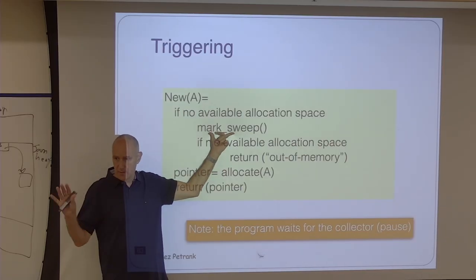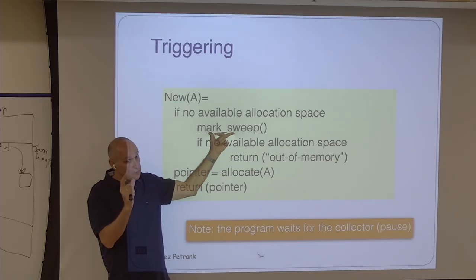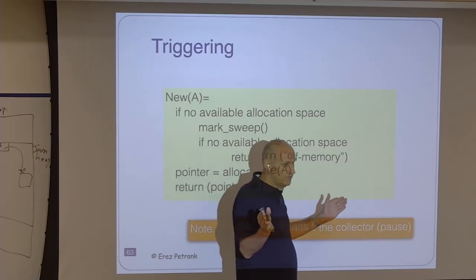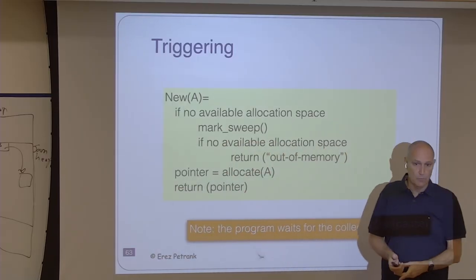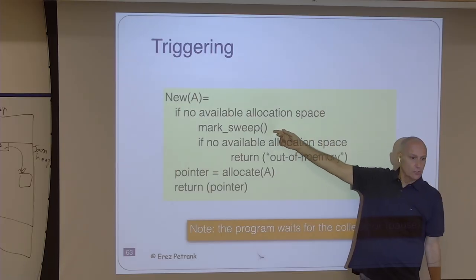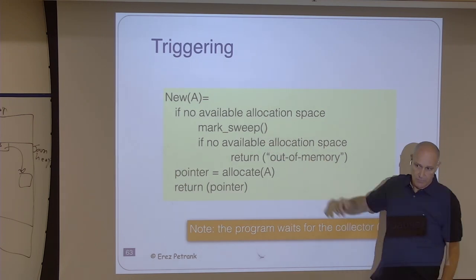So there is a pause in your program. And this could be very long. You just allocated 100 bytes, and it could turn into something very long that gives you a pause in your program. We'll make an effort to make this not pause the program, but be aware that this could happen.